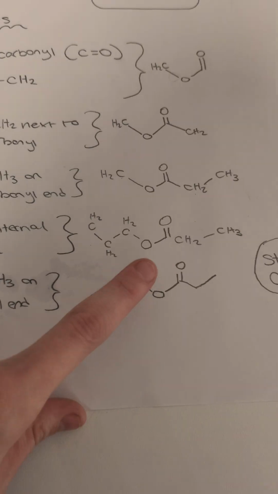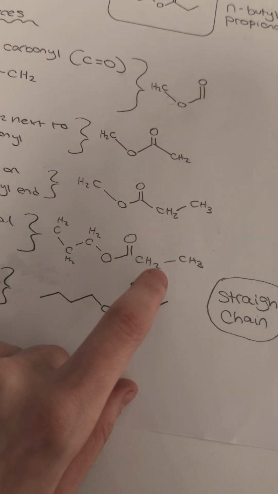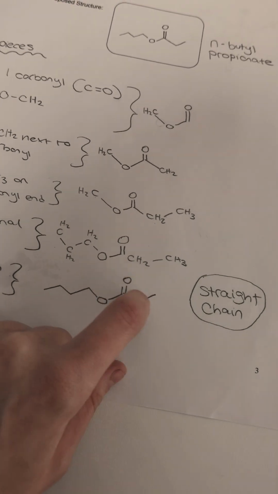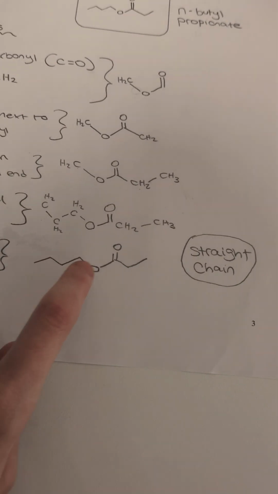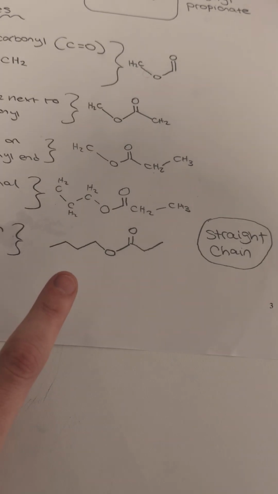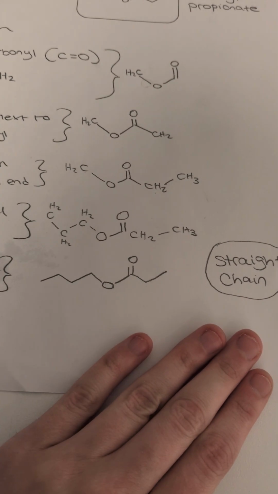So 1, 2, 3, 4 carbons, so this is the butyl end, and then 1, 2, 3 carbons, so this is the carbonyl end. And we can see that this ultimately was a straight chain. There was no branching indicated in the NMR spectrums, nothing like that. So we know that it was a straight chain, which would mean that it was an N isomer.